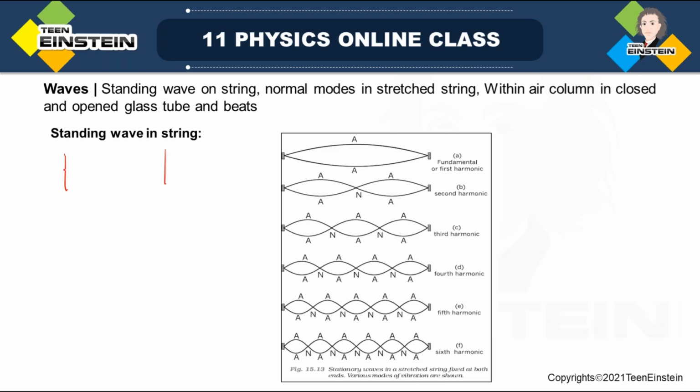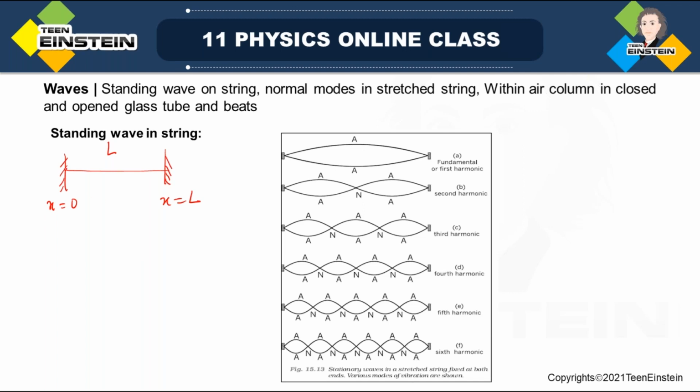Let us see. Suppose this is a string having length L. Suppose here x equals 0 and here x equals L.